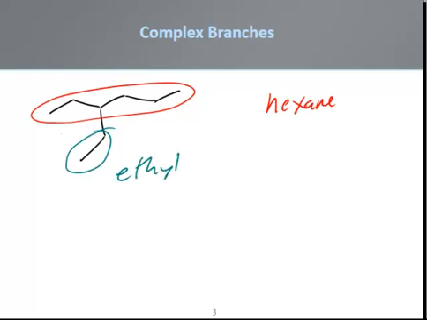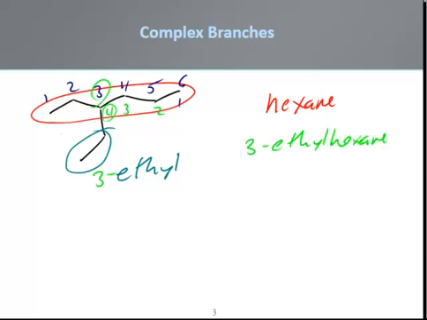And again, using simple numbering systems, we would number 1, 2, 3, 4, 5, 6 in this direction, or we could number it in the reverse direction. And you can see that the 3 is a lower number than the 4, so this is now a 3-ethyl. And if you put the whole thing together, this would be 3-ethylhexane.